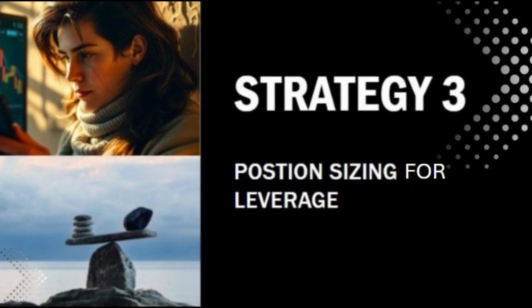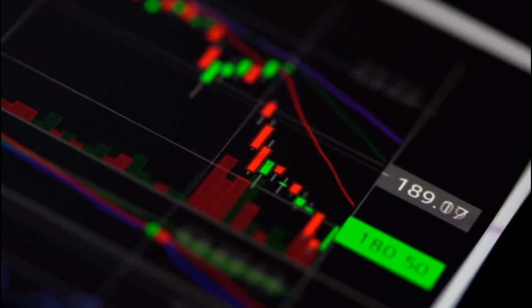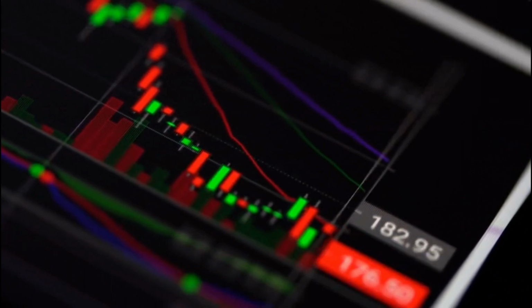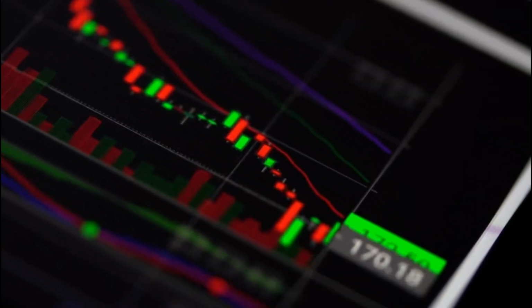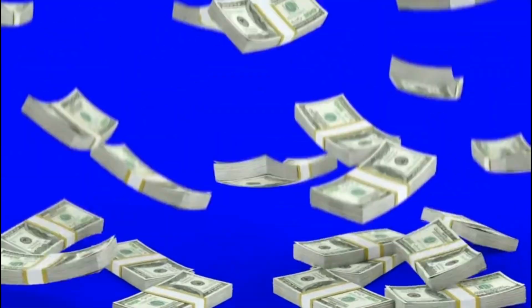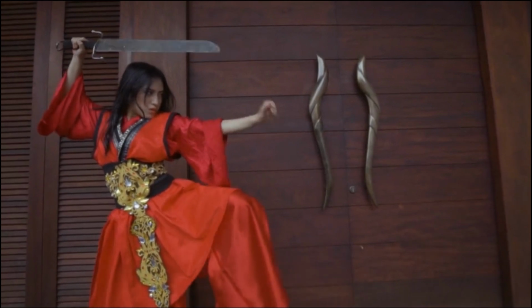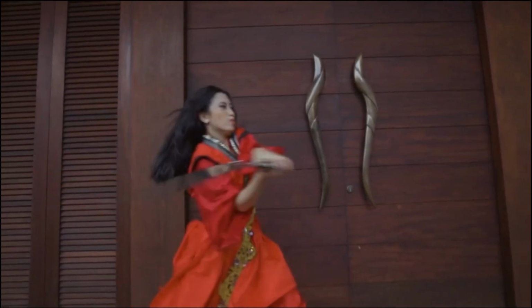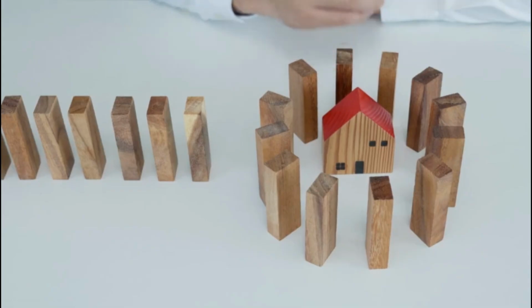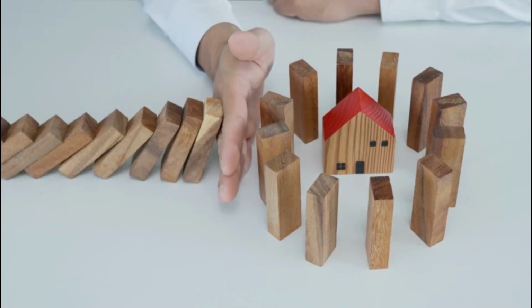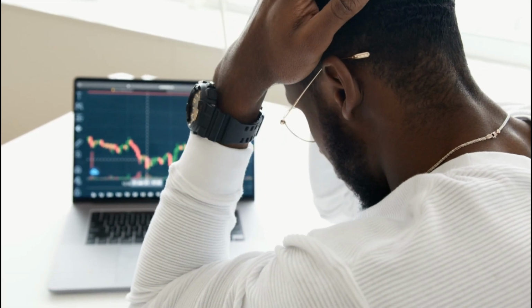Strategy number 3, position sizing for leverage. The futures markets are heavily leveraged, meaning you can control a large position with relatively little upfront capital. But this can be a double-edged sword. To manage risk, you need to calculate your position size carefully to avoid overexposure.